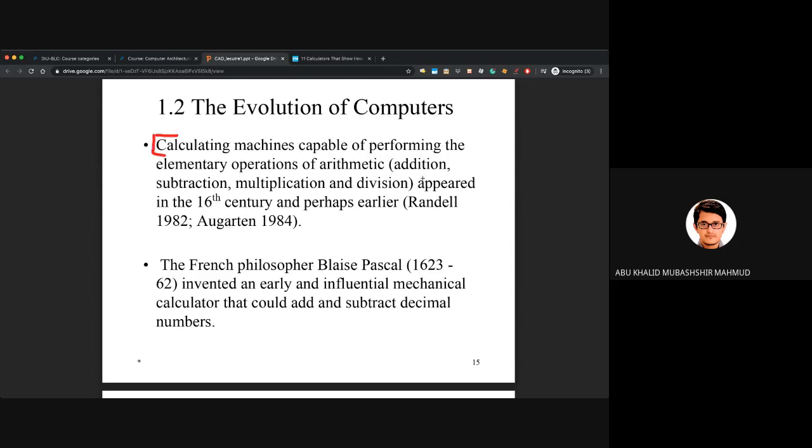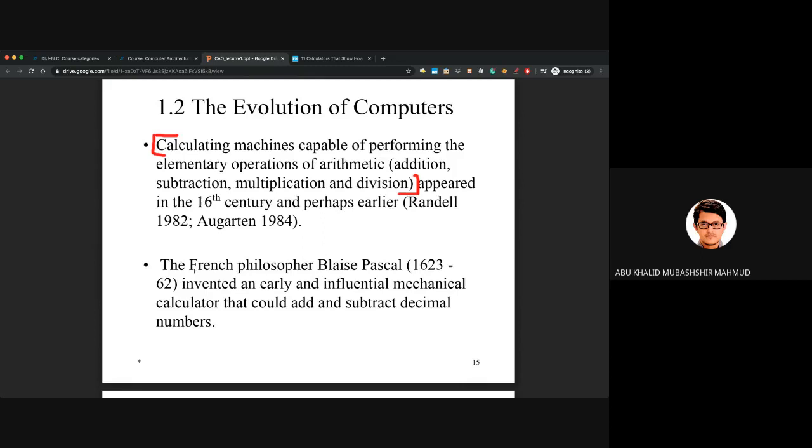These are the basic computers which can perform the elementary operations of arithmetic. It was discovered or built in the 16th century, and then it evolved.